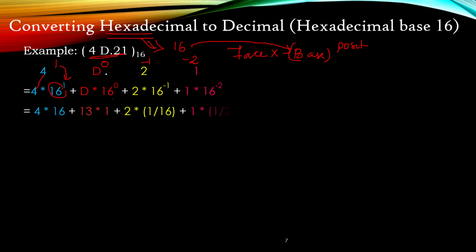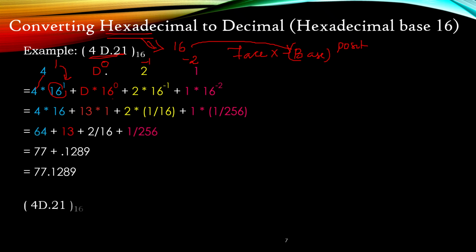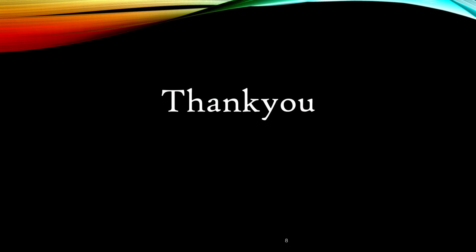By summing up all these values, so I'll be getting 77.1289 to the base 10. Hope you all have understood. Just for converting from any number system directly to decimal number, just remember this formula. It's very easy, right?